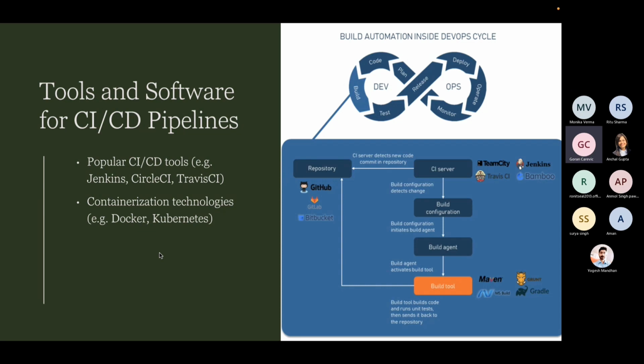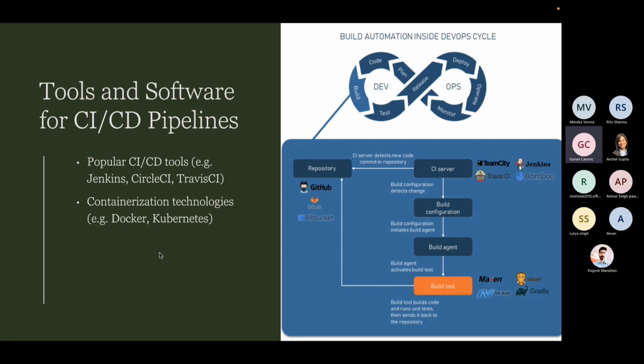Docker and Kubernetes. Those are two of the most popular containerization technologies that are used in CI/CD pipelines. Docker is basically a platform for developing, shipping, and running applications in containers, while Kubernetes is an open source system for automating deployment, scaling, and management of containerized applications.